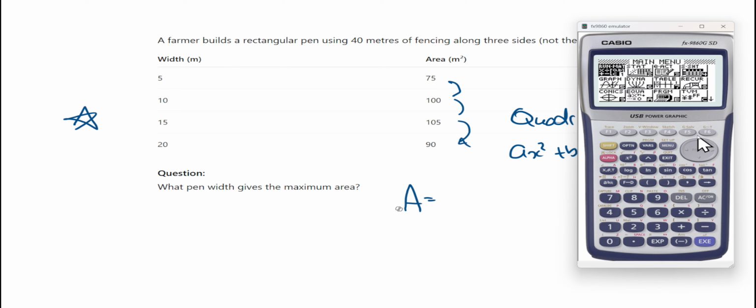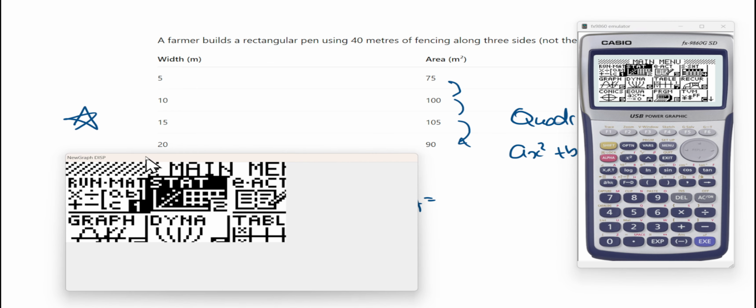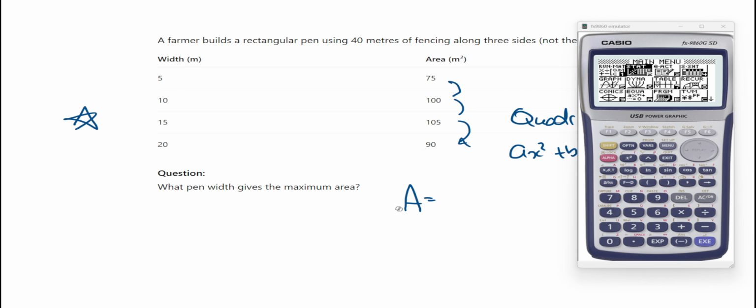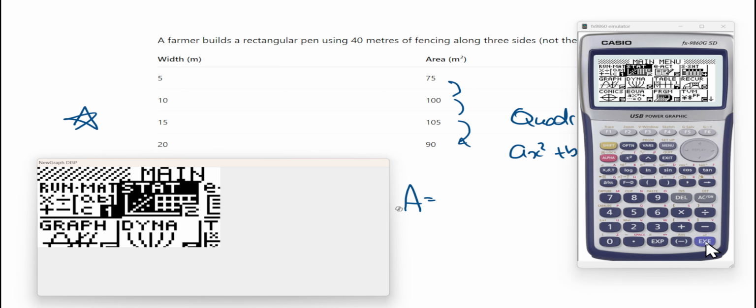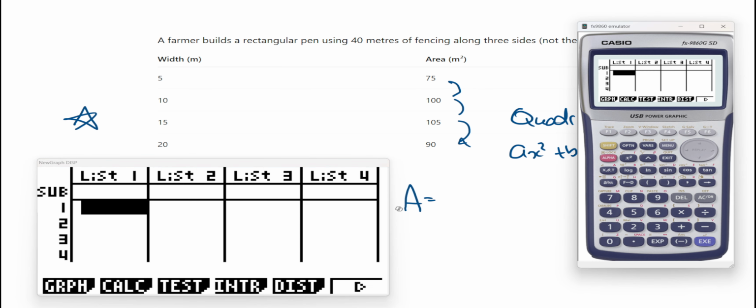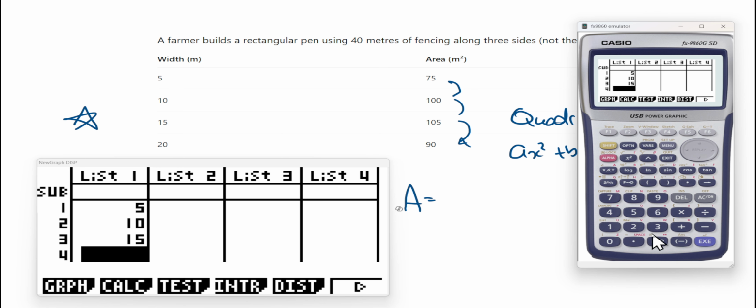So we go to menu, stats, and this has started to work again. No, it's not quite working. Stats, there we go. And then we're going to put those in like this. So 5, 10, 15, 20.